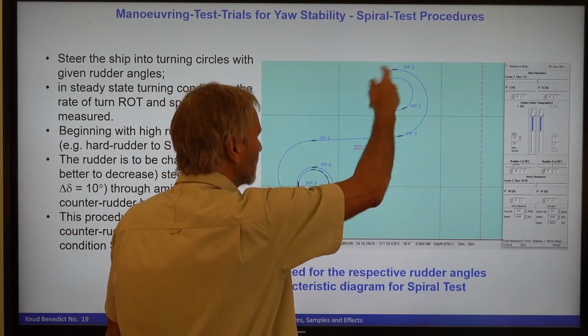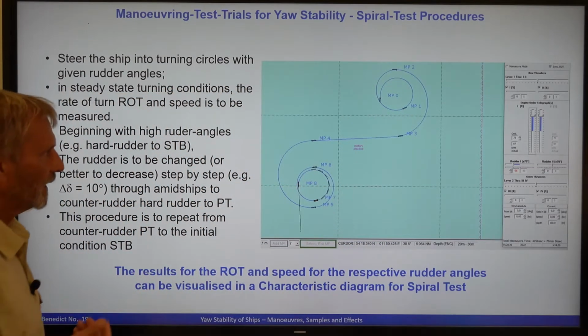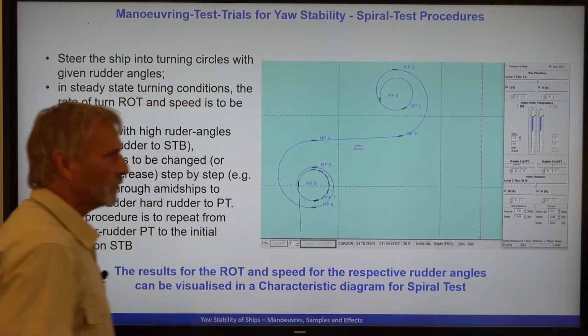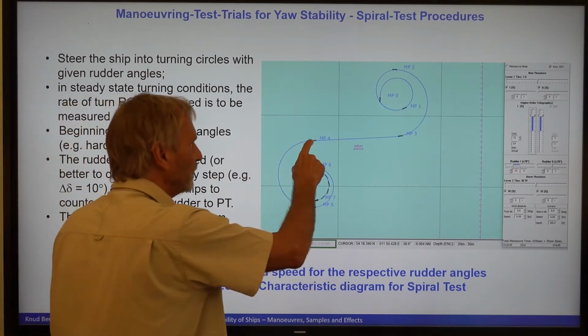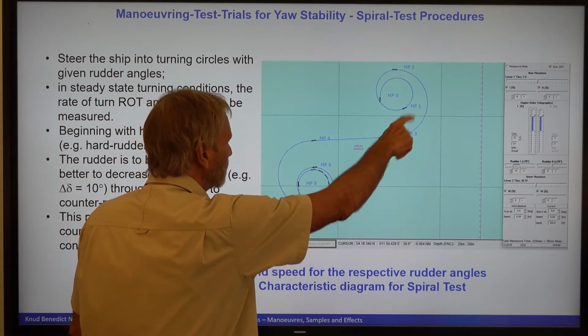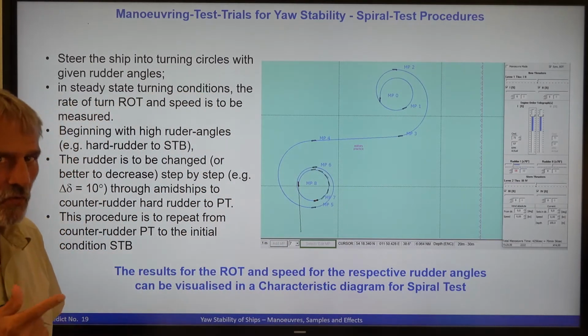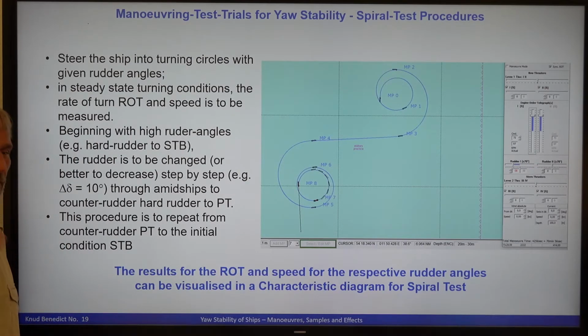If you started with starboard, then you have to repeat the maneuver starting from the port side. The most important phase is when you are close to the rudder midship position. For some ships, it's maybe even helpful not to go from 10 to midship, but 10 to 5 to 2, 1 degree, midship, 1 degree to the other side, and so forth.